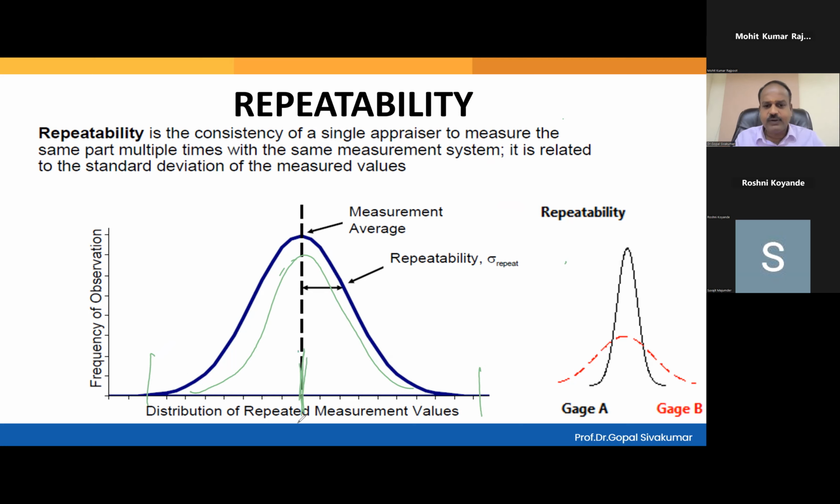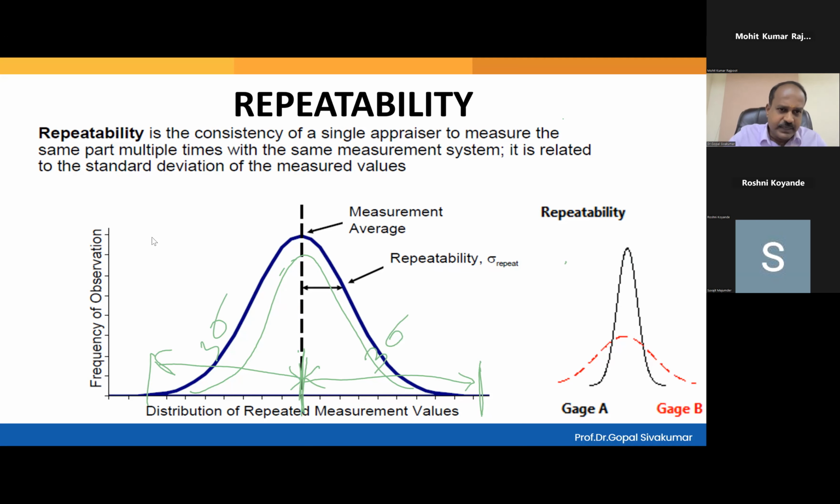It is statistically found that the largest value will be at a distance away from the average equal to 3 times sigma. Similarly, on this side, how much is the distance? 3 times sigma.